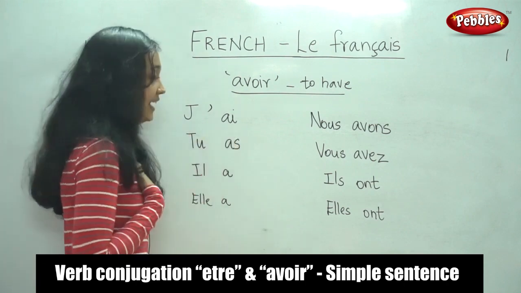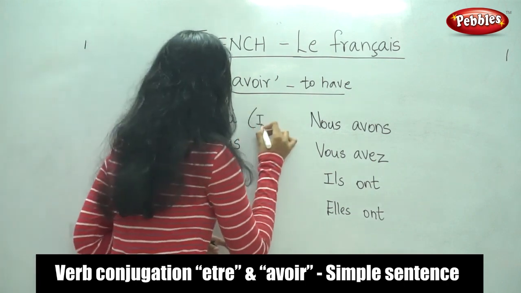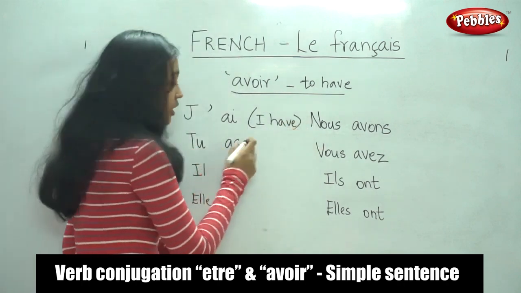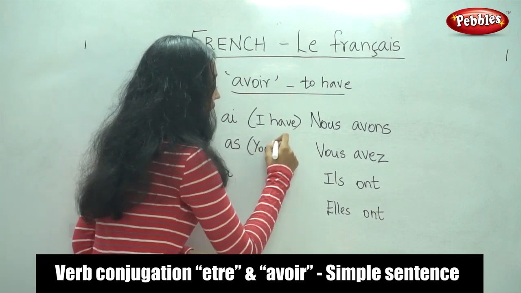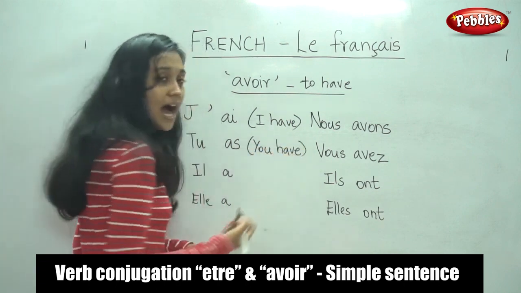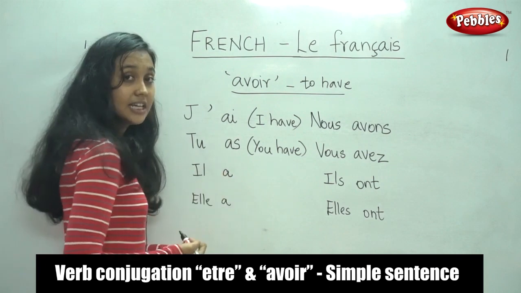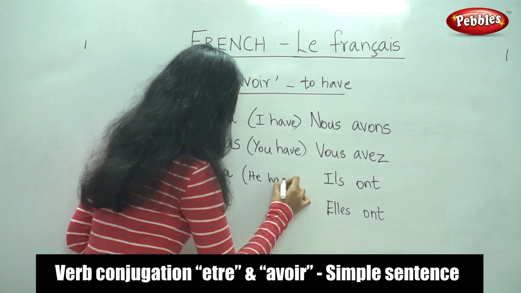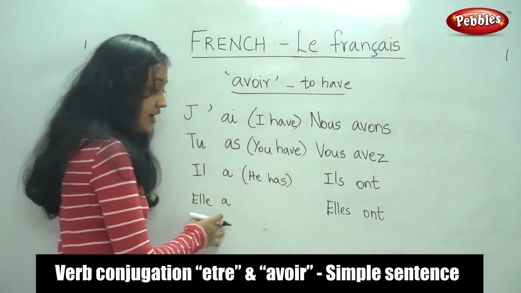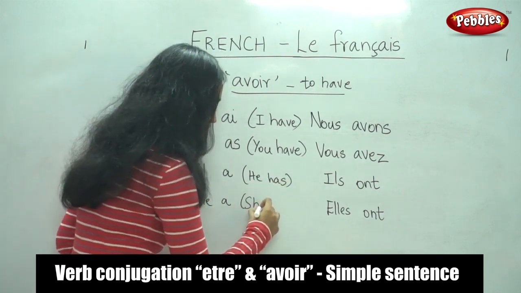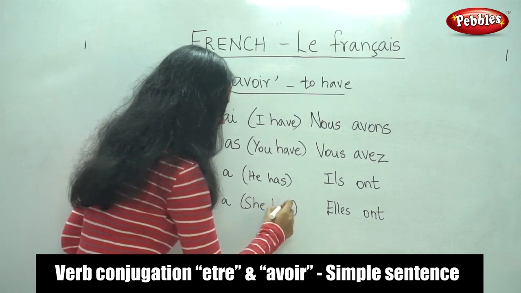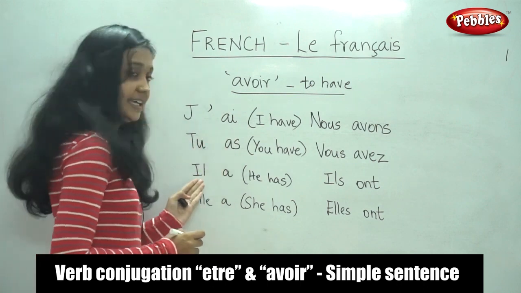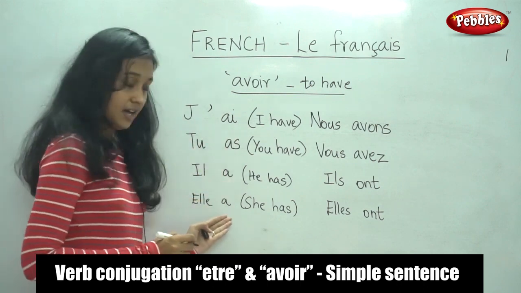So, shall we say it again? J'ai, I have. Tu as, which means you have. Il a means he has. Elle a, it means she has. J'ai, tu as, il a, elle a.